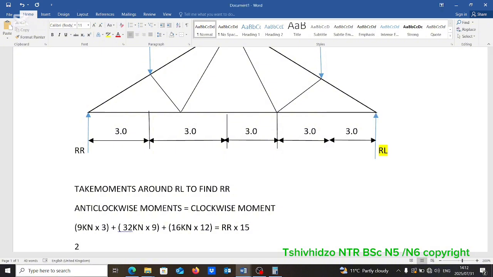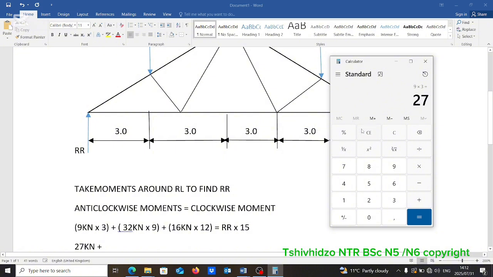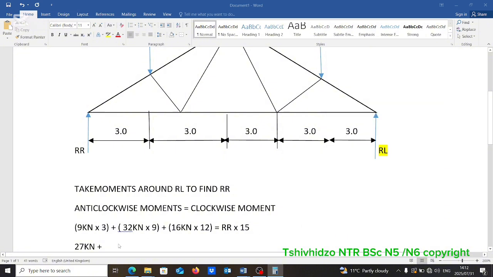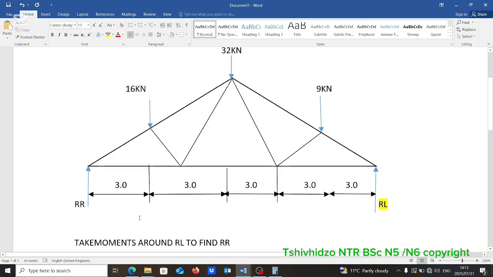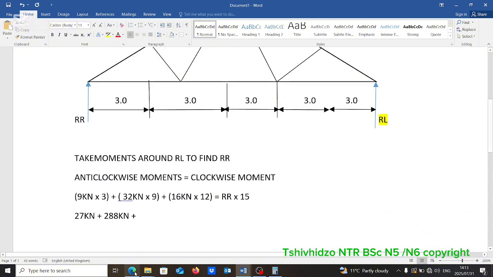So it means here we have 27 kilonewton plus 32 multiplied by 9. 32 multiplied by 9 equals 288 kilonewton. Then plus, let's go through the last one, which is 16 multiplied by 12.